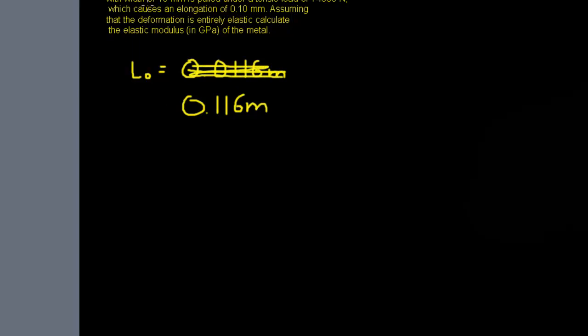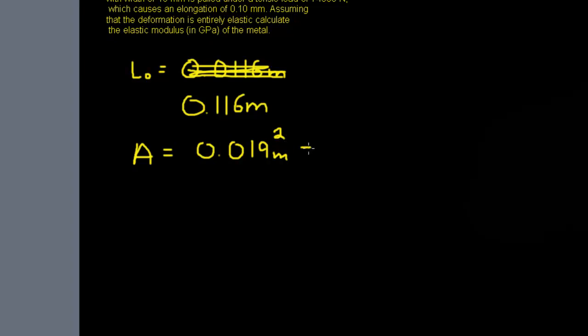It has a square cross section with width. It's a square, so width and length are 19 millimeters. So let's just calculate the area right now with meters. So 0.019 meters squared.